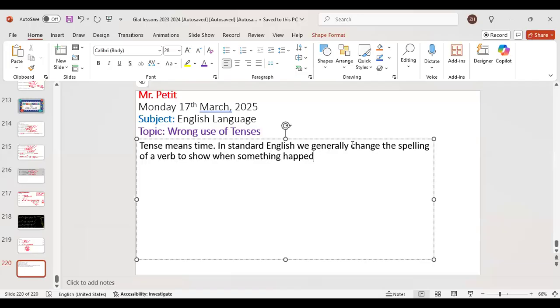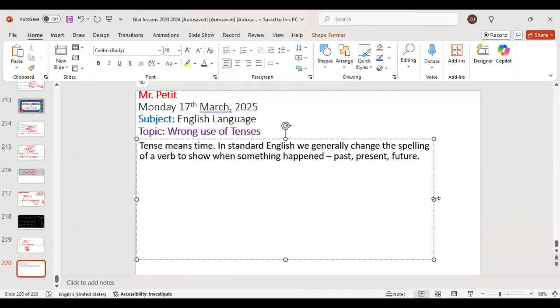It's the same verb, but we change the spelling to show whether it happened in the past, is happening now in the present, or will happen in the future. So we change the spelling.